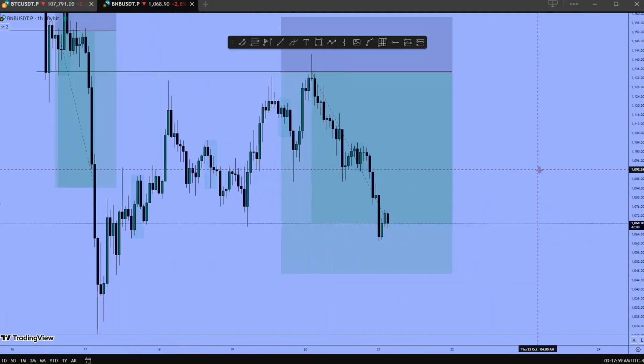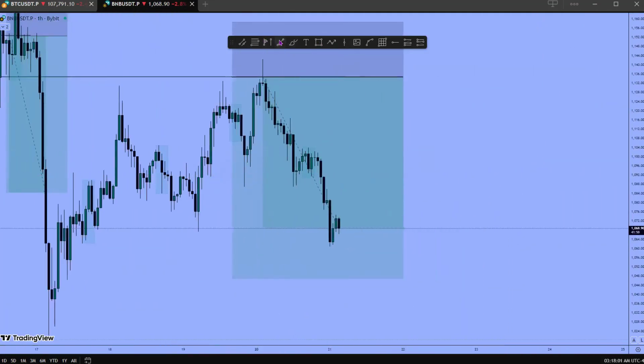Right, I have a key level here, meaning I'm expecting price to get to this point.